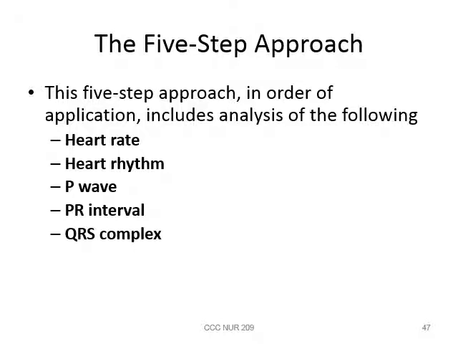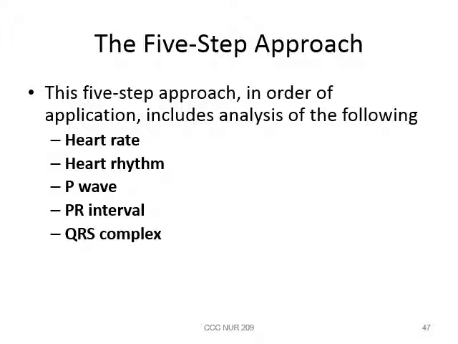Then you're going to look at the rhythm. Are the QRSs in rhythm? Are the P waves in rhythm? So we'll talk about doing those, but you're going to look at that rhythm. What you're going to look at is the distance between each of the QRS complexes. Is it consistent?